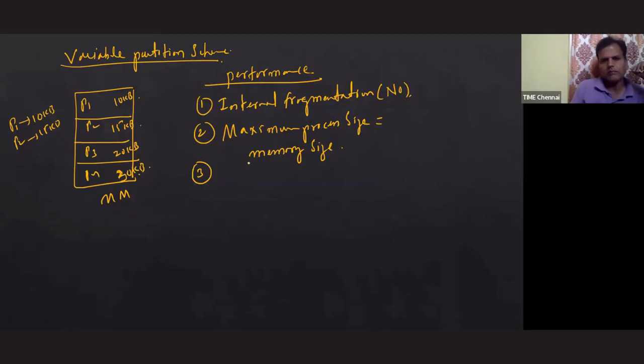Third one, degree of multi-programming. In the earlier approach, it was limited by the number of partitions, but here let's see what will happen. Let's assume after some time, process P4 finishes its execution, and I take another 3 processes whose sizes are 10 KB, 10 KB, and 10 KB. Can I keep them here? Yes. Earlier the degree of multi-programming was 4.